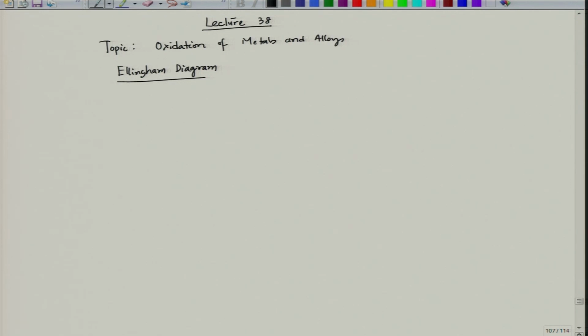Now, in the last class we have seen a relation between the standard free energy change for oxidation of pure metal forming pure oxide, and that too stoichiometric oxide.